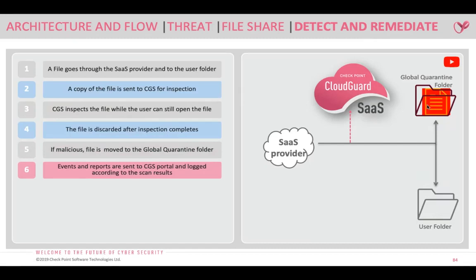Now, I get to hear a lot of questions here: let's say that this particular file had some dynamic content, and the effect has already started to take place. So what do you do about that? In this case, at the moment CloudGuard forwards this file onto the user folder, or when the copy is being sent to the CloudGuard server for analysis, it is going to check your timestamp.